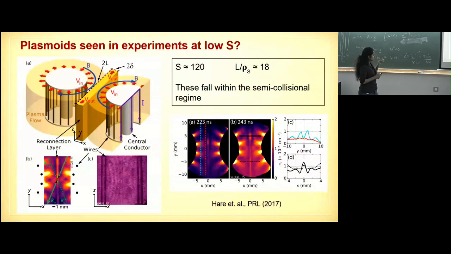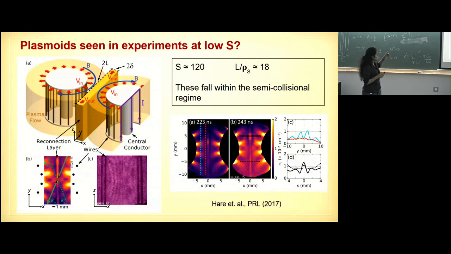Right, so there is an experiment at Imperial College in London called MAGPIE, where they have seen plasmoids, and this is a tentative thing. But let me briefly describe the experiment to you.